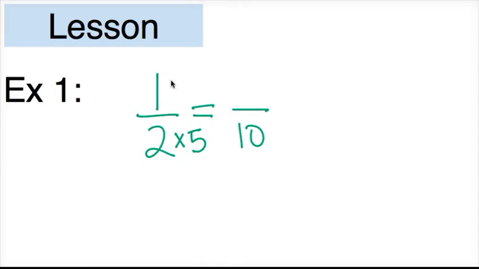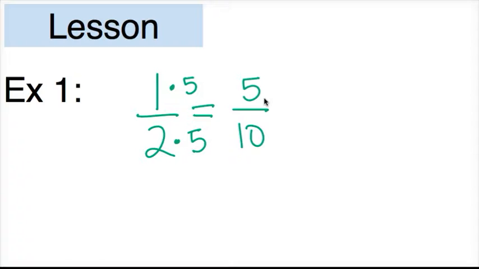If I multiply the numerator by 5, I must multiply the denominator by 5. 1 times 5 is 5. So although the 5 and the 10 are larger numbers than 1 and 2, the fraction's actually equivalent. 1/2 equals 5/10.